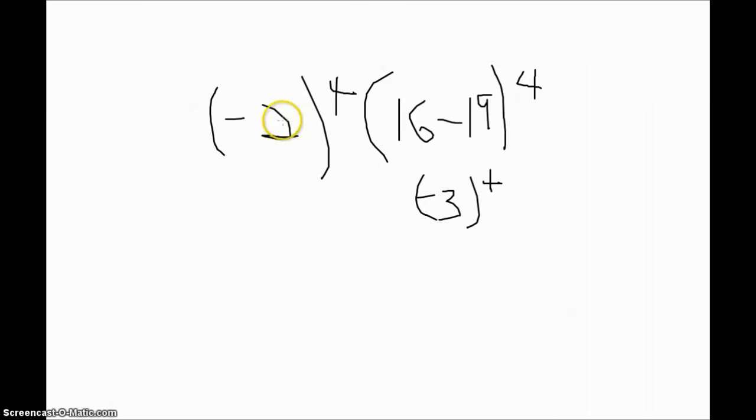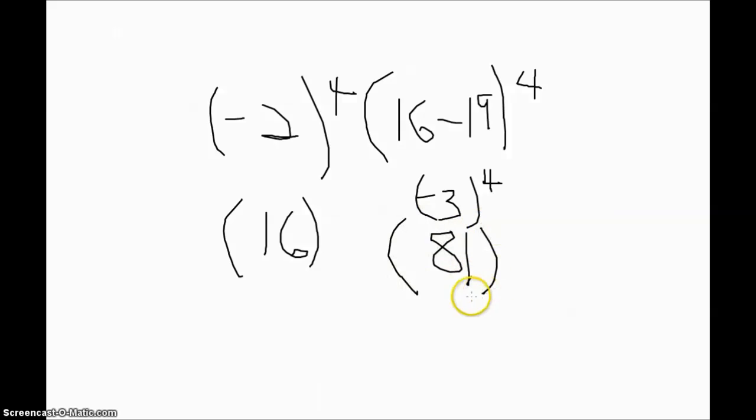So we have 4, 8, 16. And even though 2 is negative, we're multiplying it by itself 4 times, so the negative will cancel out. Same thing here with the negative 3, we get 81. And 81 times 16, if you need to get your calculator out like I did, is 1296.